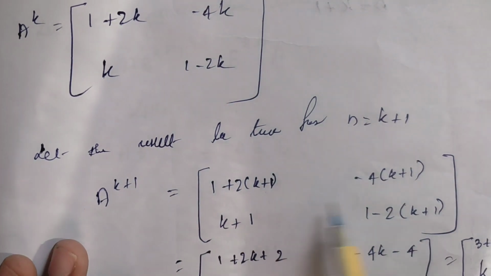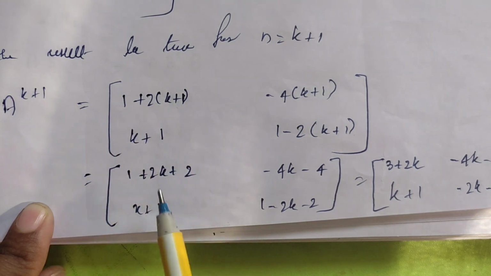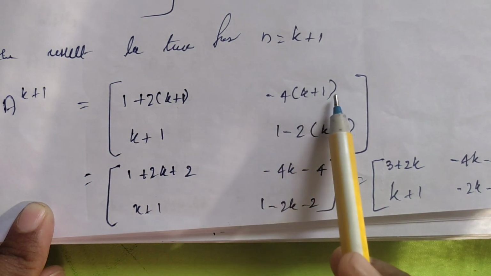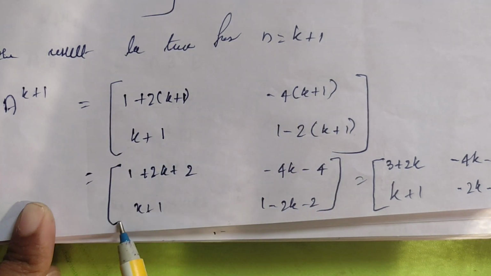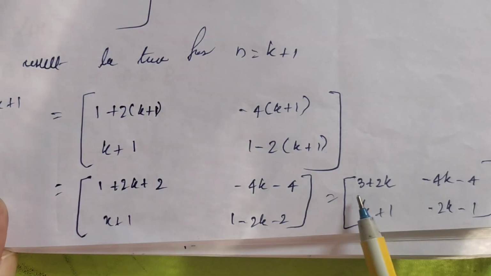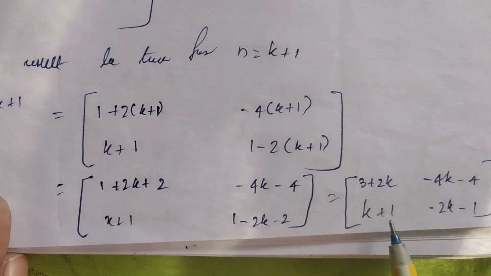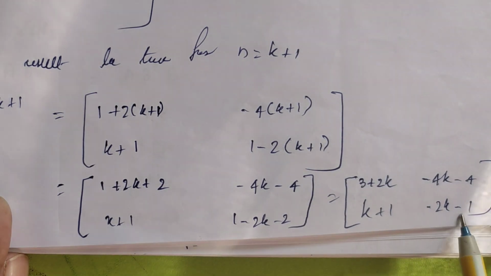On simplification, 1 plus 2k plus 2, minus 4k minus 4, k plus 1, 1 minus 2k minus 2. So we got 3 plus 2k, minus 4k minus 4, k plus 1, minus 2k minus 1.